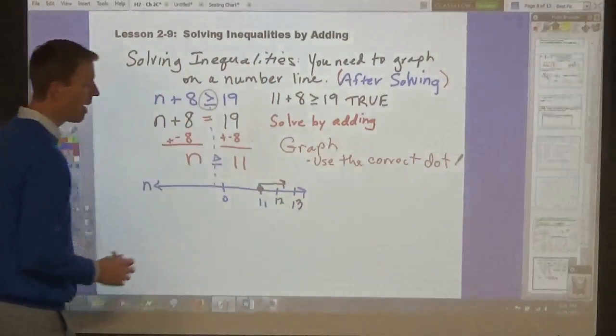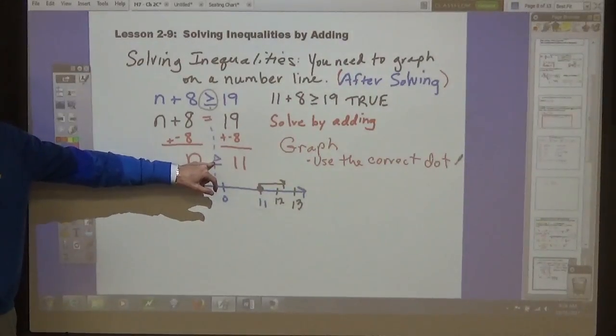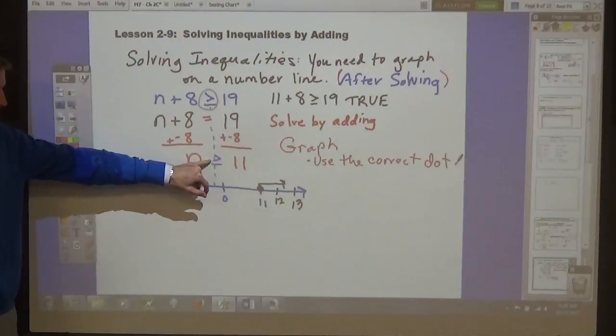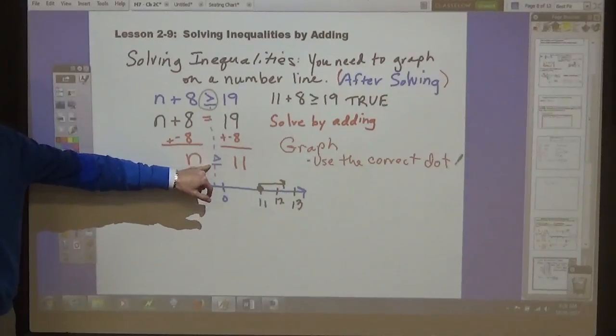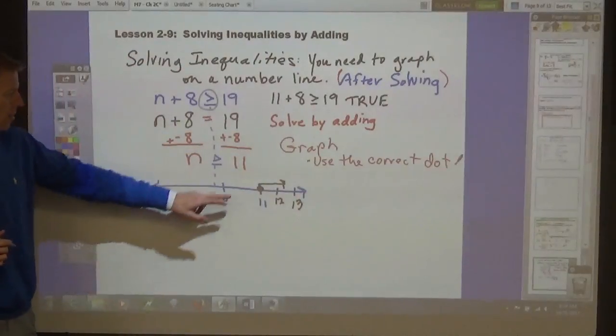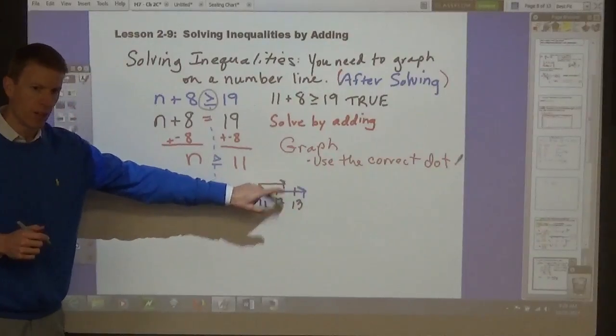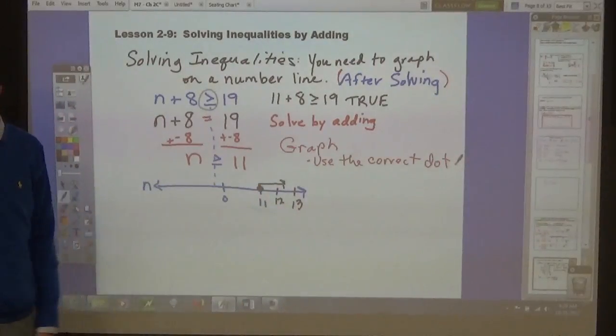If it's an open dot, it means that it's just greater than or less than. Eyes up here, guys. Eyes up here. Then, if it's greater than or equal to or less than or equal to, you use a solid dot. So you mark that with the appropriate dot, and then draw the arrow the correct direction. I'm going to graph the solution. Okay?